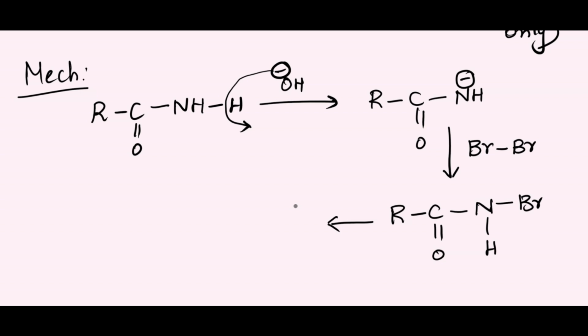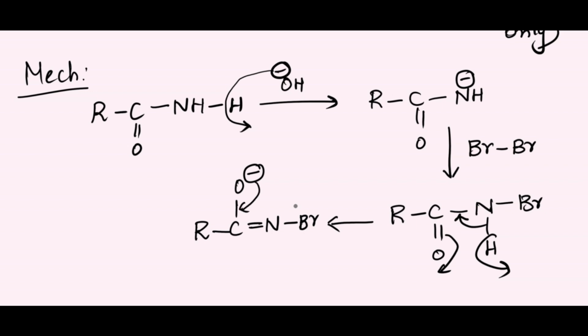This is losing one more hydrogen like this, so the bond comes here, so O becomes minus, double bond N Br. This is not at all stable, so it always tends to come in.